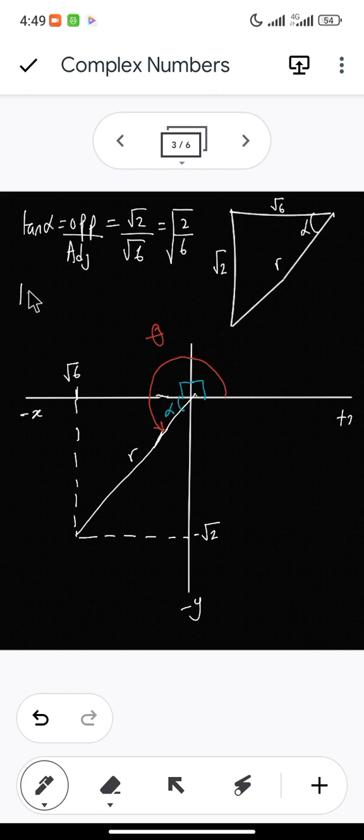So we know that tan alpha gives us 1 over root 3. Now alpha is going to be the tan inverse of 1 over root 3, and alpha gives us 30 degrees. This is a special angle.